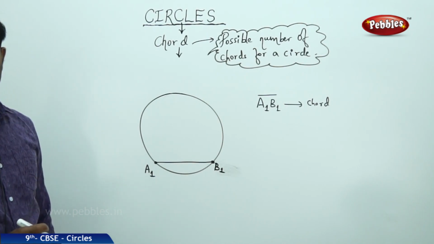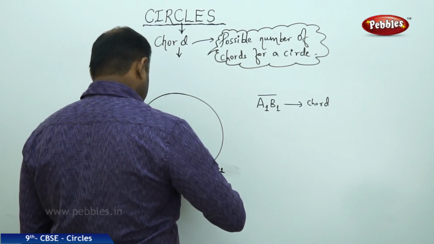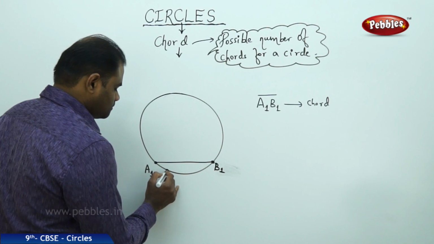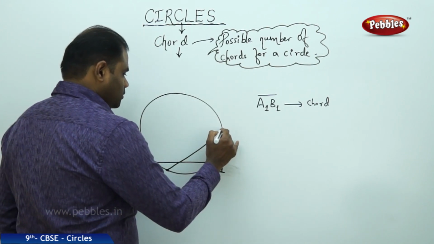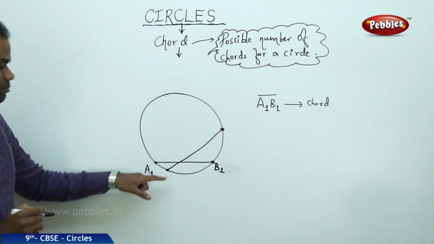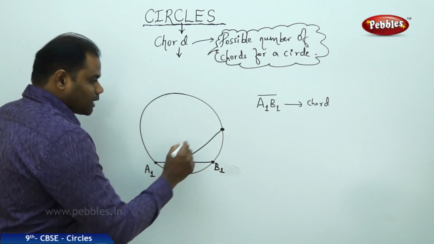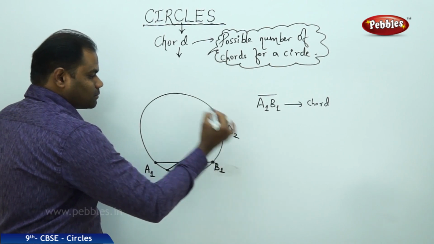Now let's take possible number of other set of points. I take a point and then join with another point on the circle and say this point is referred on the circle with A2 and this point on the circle is referred with B2.